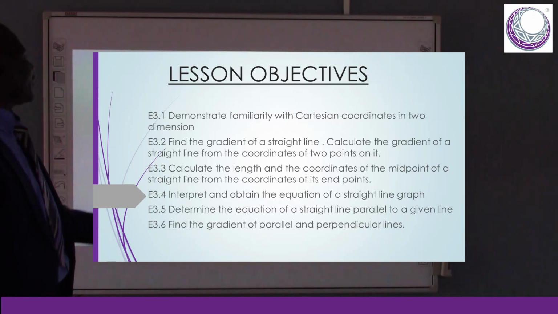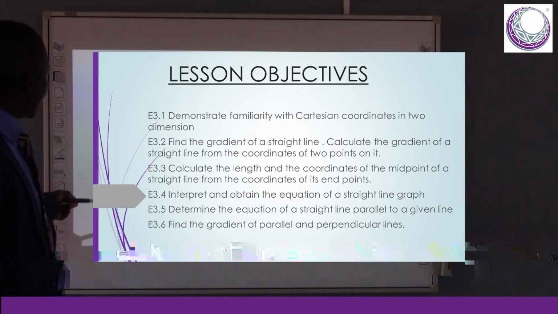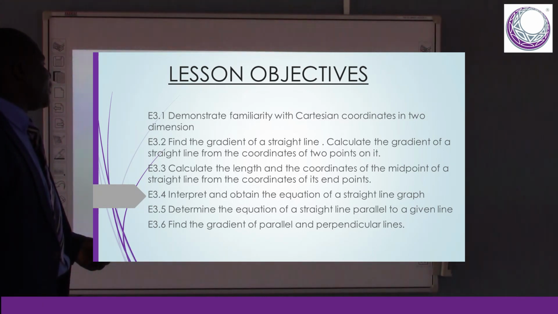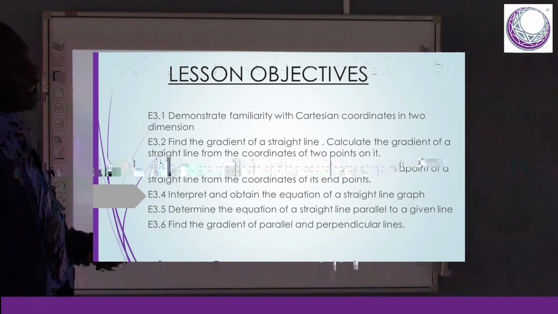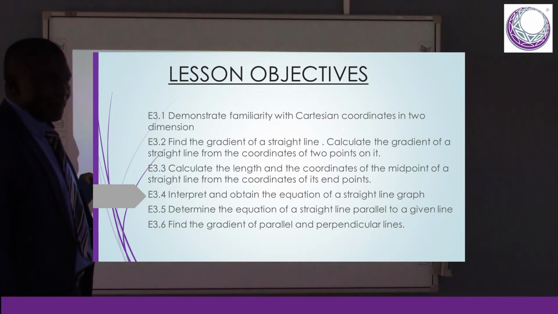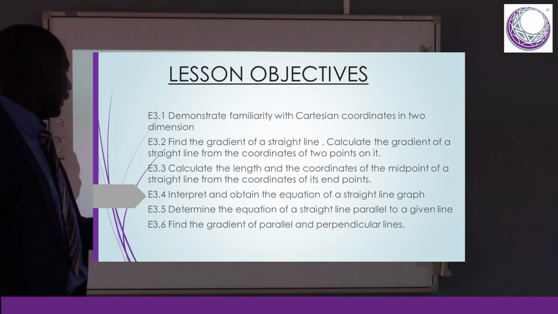For this particular lesson, we're going to be looking at these 6 lesson objectives. Number one, we have to demonstrate familiarity with Cartesian coordinates in 2 dimensions. I'm going to presume that as extended students, everyone knows about the Cartesian plane.